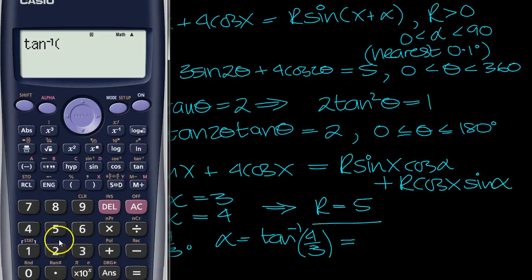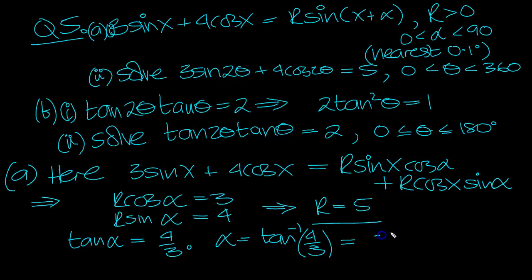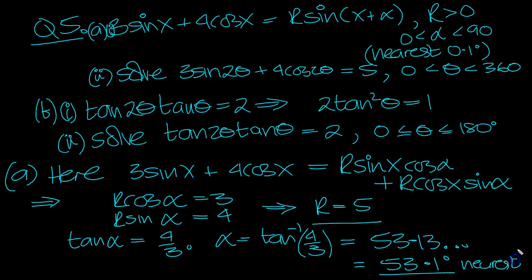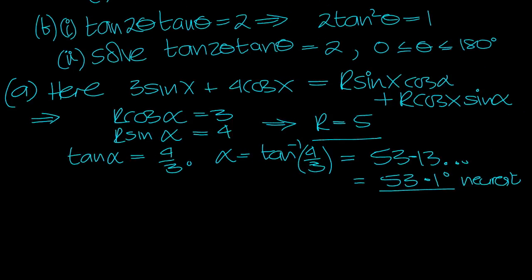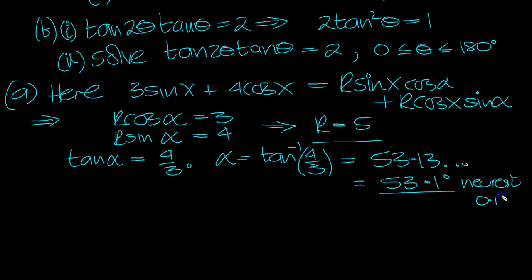Shift tan of 4 divided by 3 gives 53.13, which is 53.1 degrees to the nearest 0.1 degree. Okay, so that's that part done.